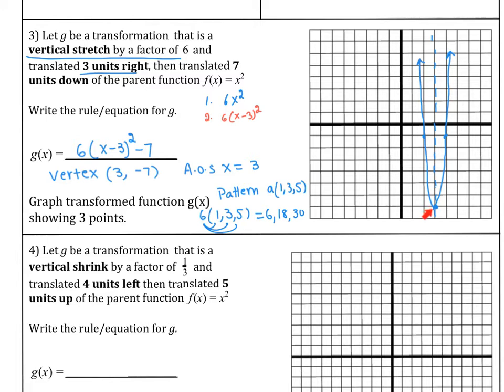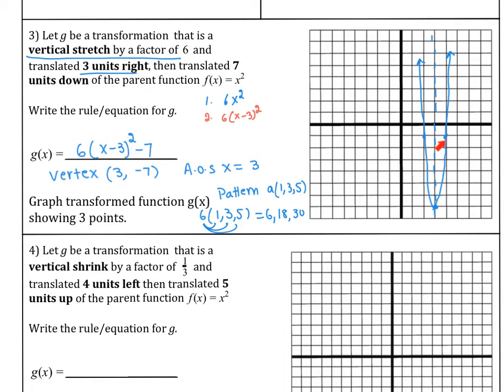Plot (3, -7). Now the pattern for this one is 1, 3, 5, but a is 6, so you're going to multiply this 6 with each and every number inside. Now the new pattern would be 6 up, 18 up, and 30 up. So we don't have such a big graph, we're going to start from the vertex and go 6 units up, so 1, 2, 3, 4, 5, 6 over 1.